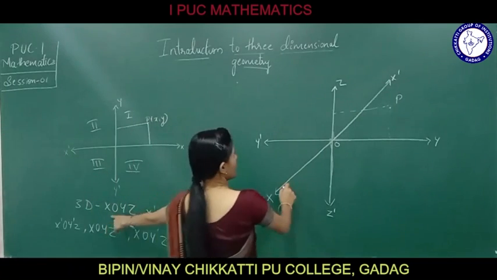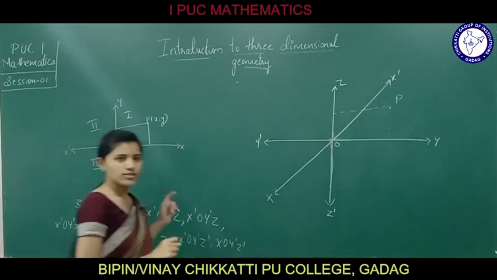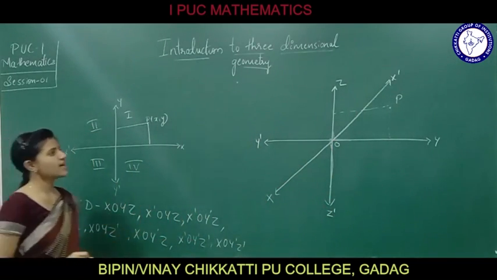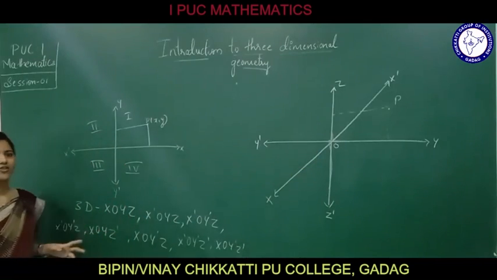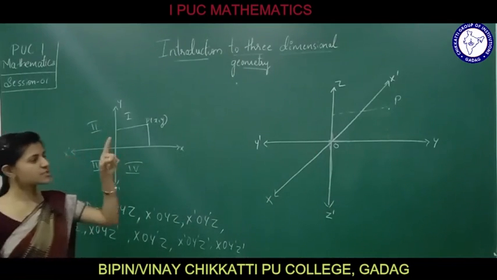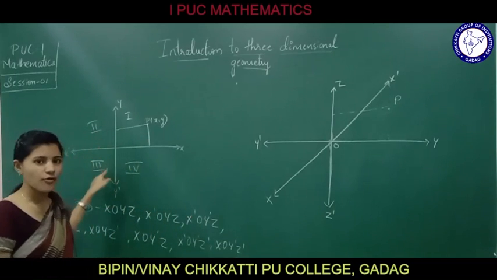Like that, in total we are going to get 8 quadrants in this three-dimensional space. That is, for two dimensions we had 4, and for three-dimensional space we have 8. Because it is 4, we said quadrant.